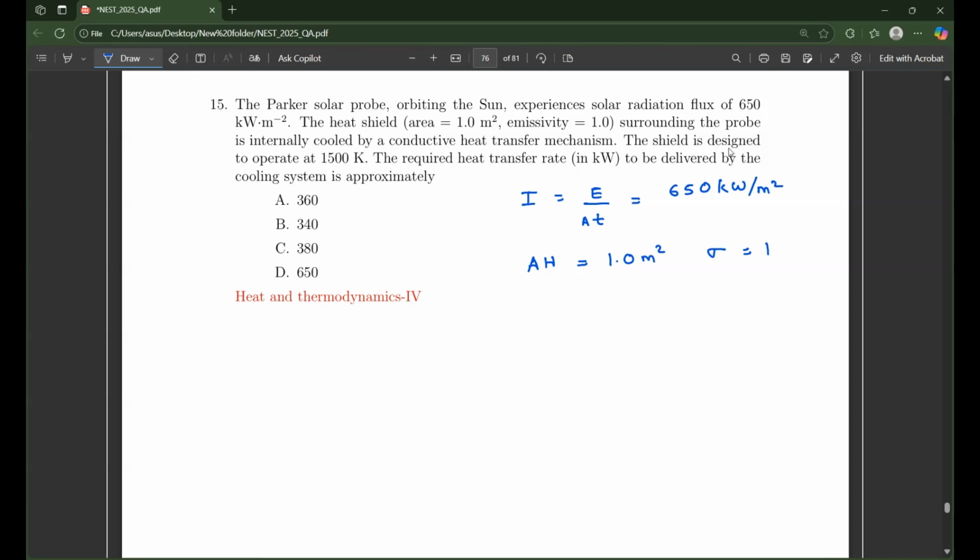The shield is designed to operate at 1500 Kelvin. So the shield temperature is around 1500 Kelvin, and the required heat transfer rate we have to find. What is the heat transfer rate?